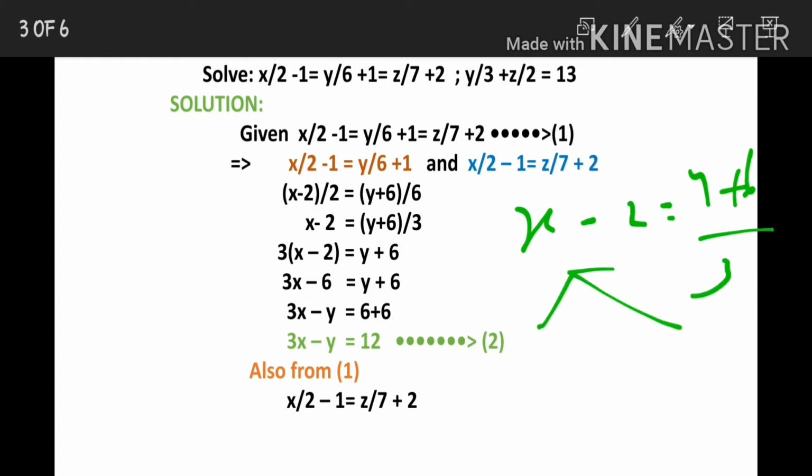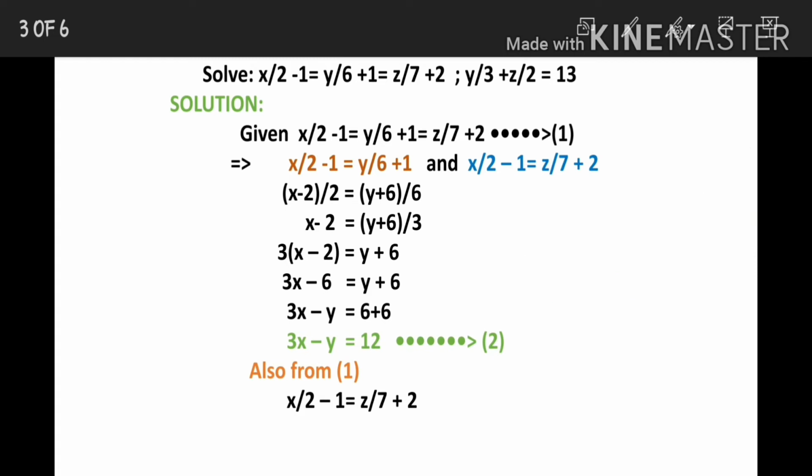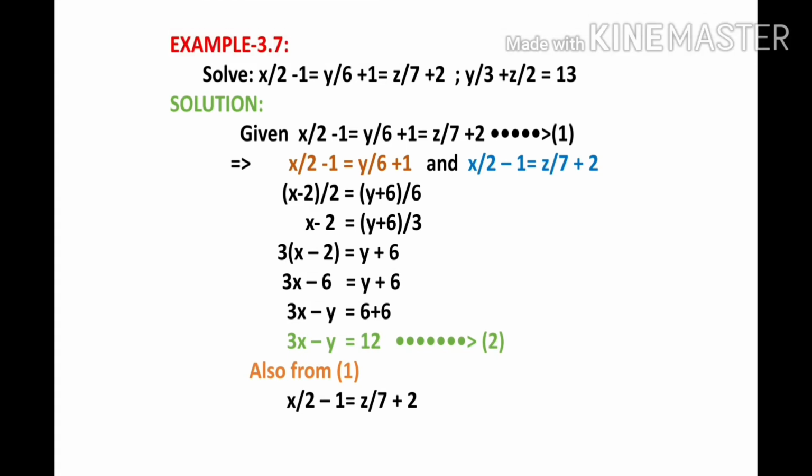So cross multiplying this, what do you get? 3 into (x minus 2) is equal to y plus 6. Then multiply 3 inside. What happens? 3 into x, 3x, then 3 into minus 2, minus 6, is equal to y plus 6.